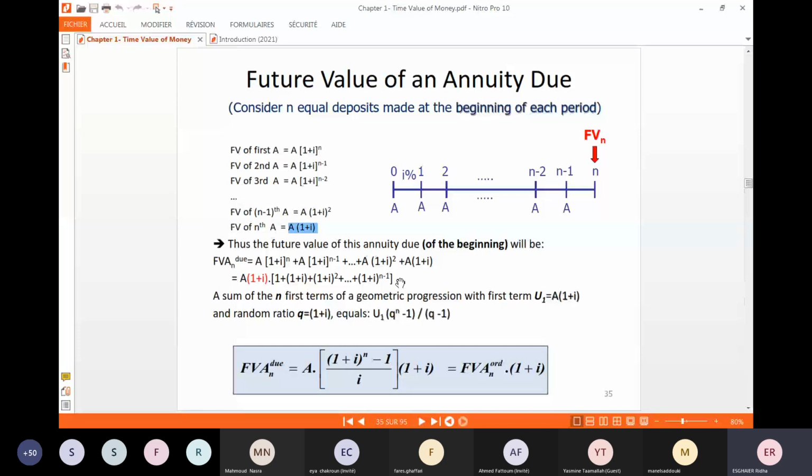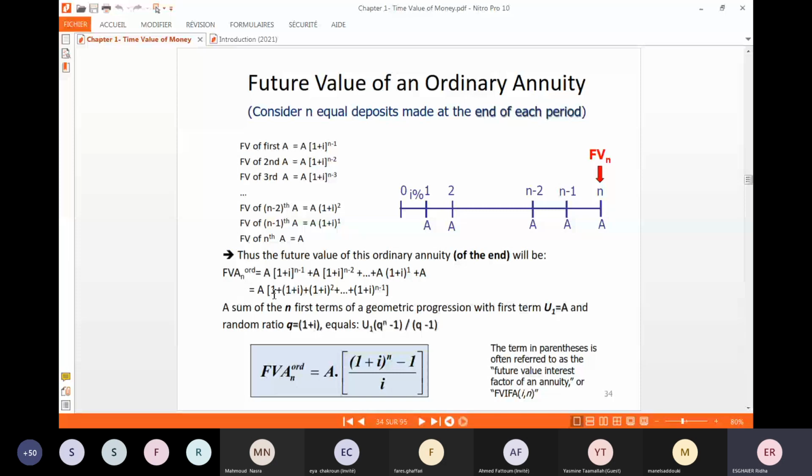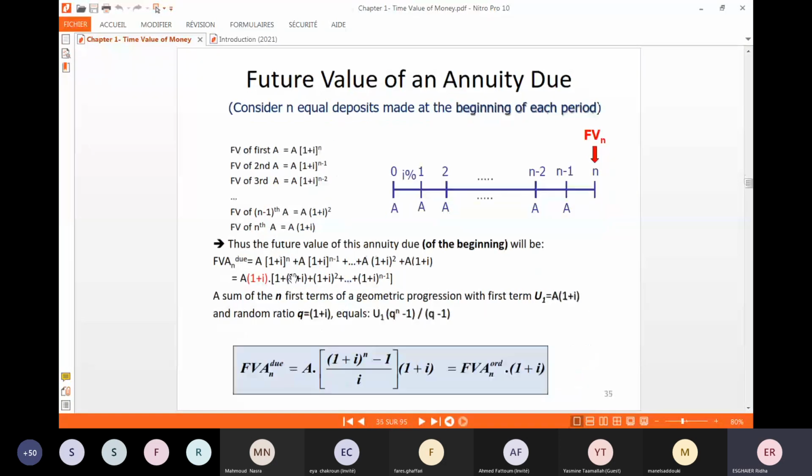This can be replaced by the term between brackets, which is the future value interest factor of an annuity: 1 plus I power N minus 1, over I. We simply multiply A times 1 plus I by this, which is the sum of the first N terms of a geometric progression.